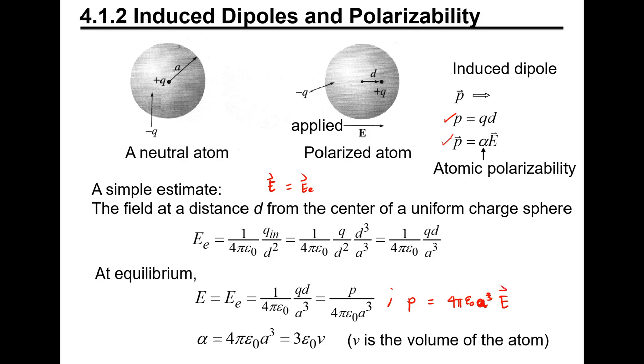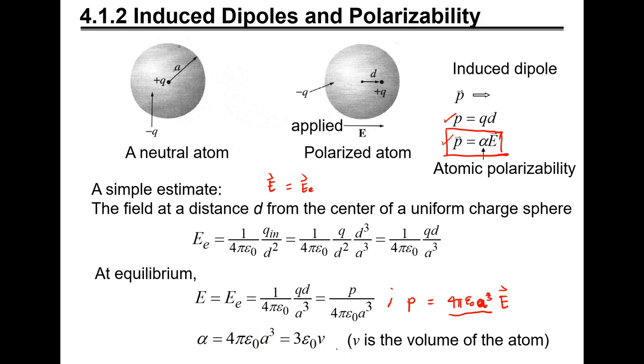Now, comparing this with the equation p equals alpha times E, we can say that alpha, the atomic polarizability, is equal to this constant. So alpha is equal to 4 pi epsilon naught a cubed.